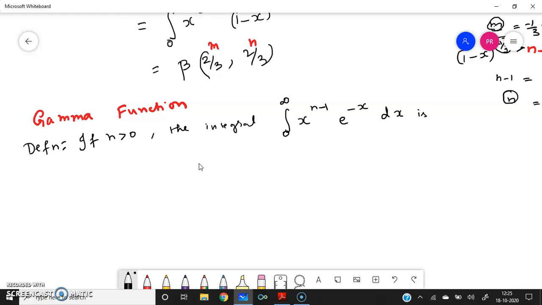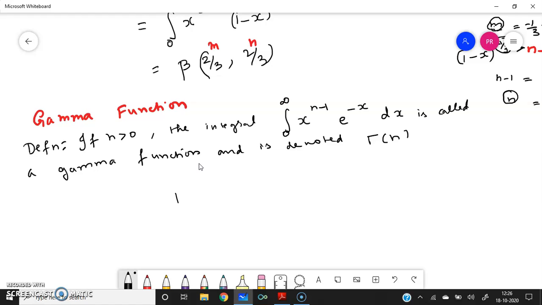Okay, this is called a gamma function. How is the beta function denoted? Beta of m comma n. There are two parameters, and the gamma has only one parameter. It is denoted by gamma of n.